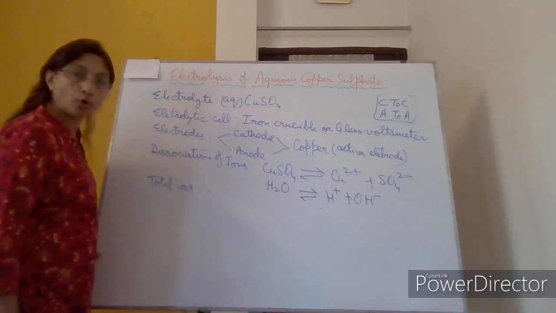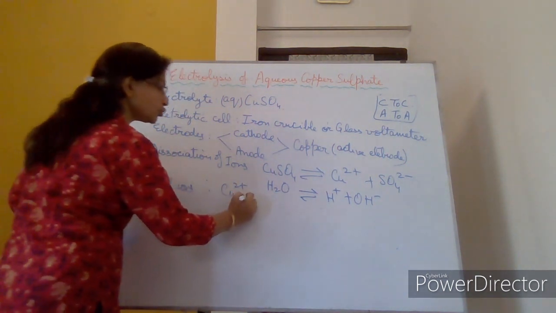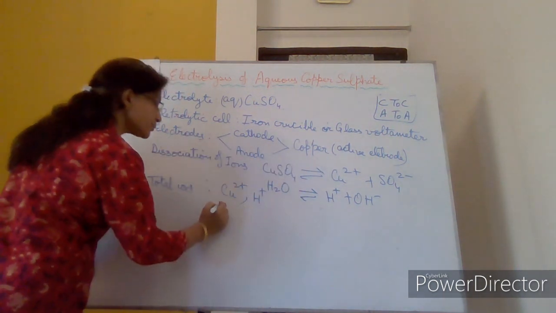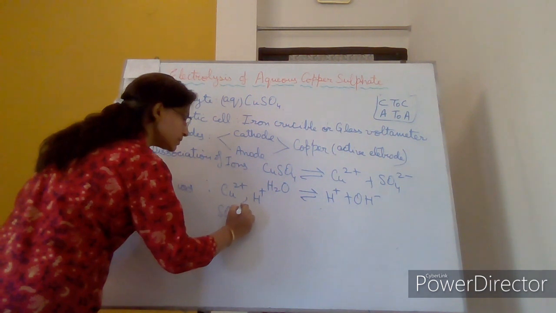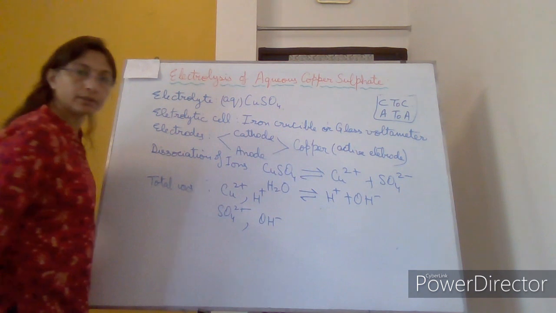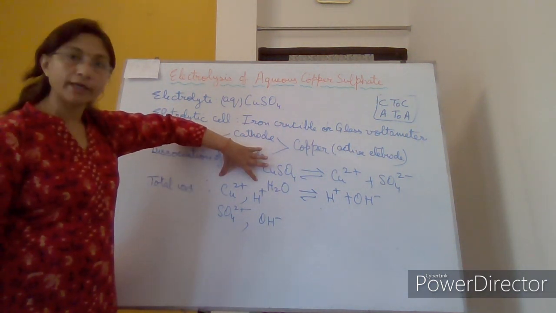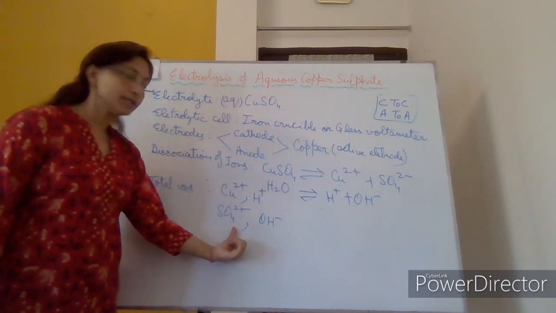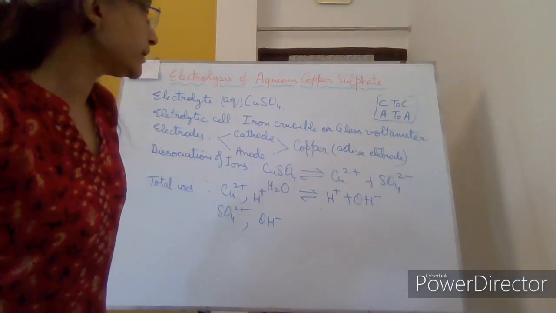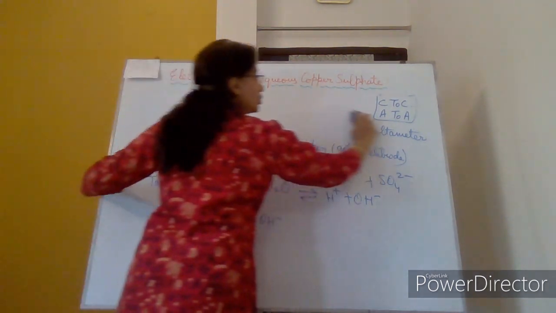We have got 4 types of ions: 2 cations, Cu2 positive and H positive, and 2 anions, sulphate and the hydroxyl ion. Now let's have a look at what will happen at the cathode and anode.